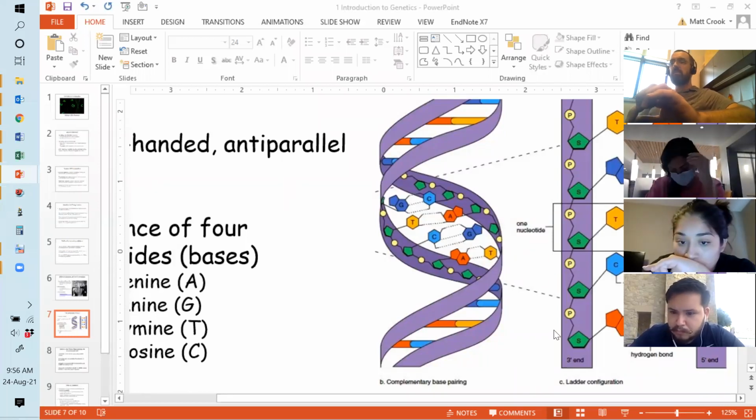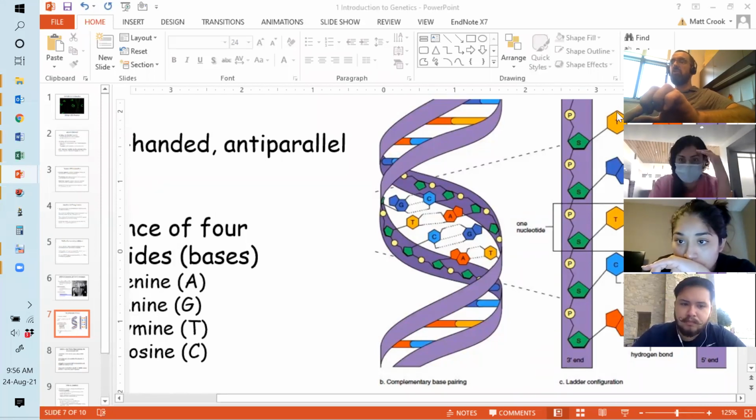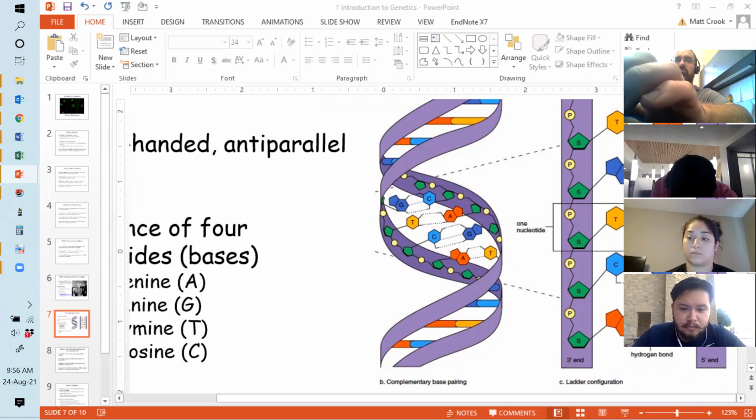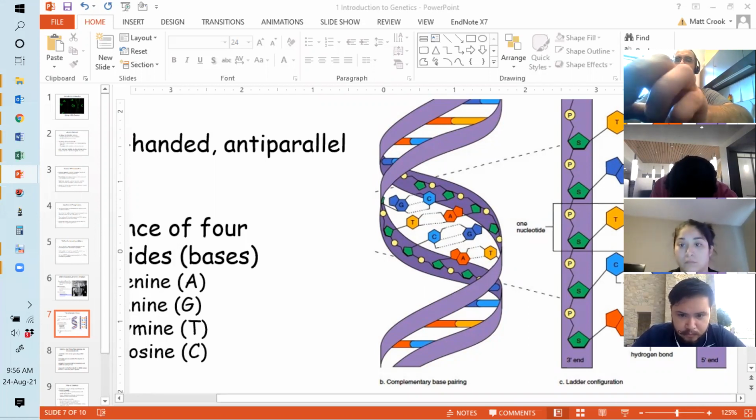That's because one nucleotide consists of a phosphate, a sugar, and a nitrogenous base. And that nucleotide is often called a base, which can be a little confusing.